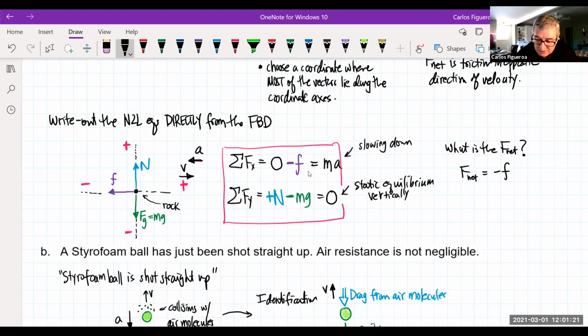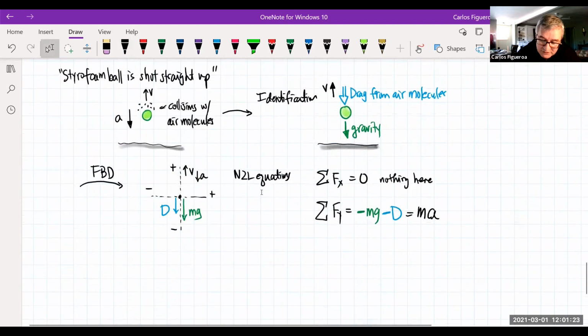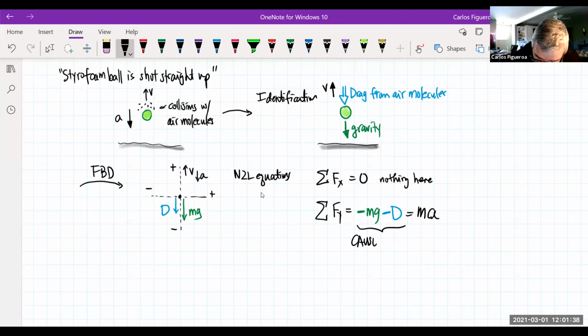That's what's causing it to decelerate. What's causing this thing to decelerate? It's the drag force and gravity. So this is the cause of the net force, and this is the cause of the acceleration.